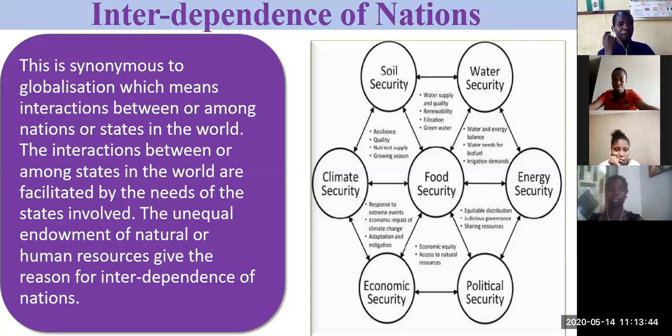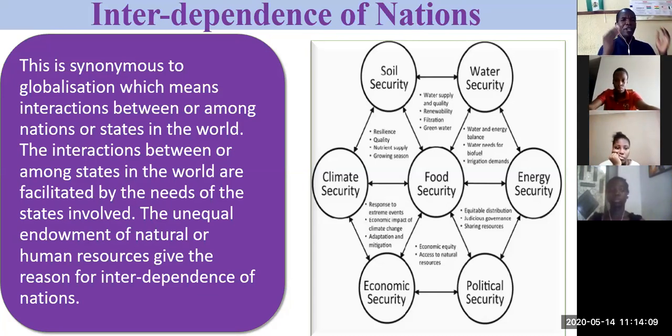The fact that there are certain things a man needs and such can only be achieved in a woman, and there are certain things that a woman needs and such can only be achieved in a man. That is why you see a man and a woman, they will interact and seal a relationship. The same thing applies to countries in the world.